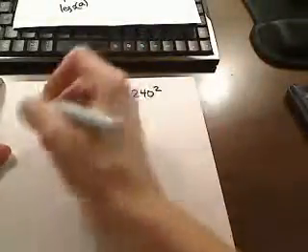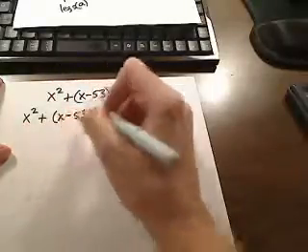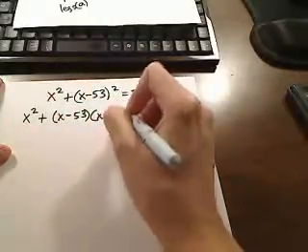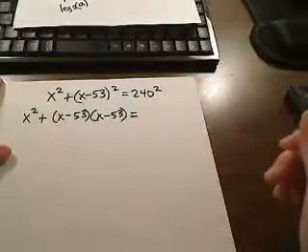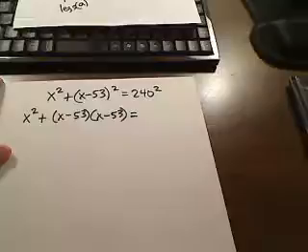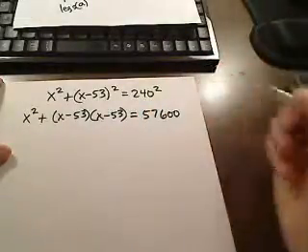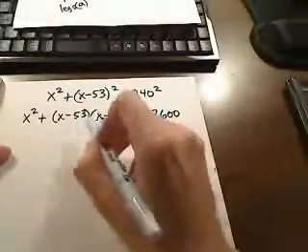Okay, so we're trying to solve this, so the first thing that we want to do, go ahead and FOIL this out. So this, if I write it in the expanded form, (x minus 53) times (x minus 53), we're going to FOIL that out. 240 squared is 57,600. Okay, so let's go ahead and do this multiplication.